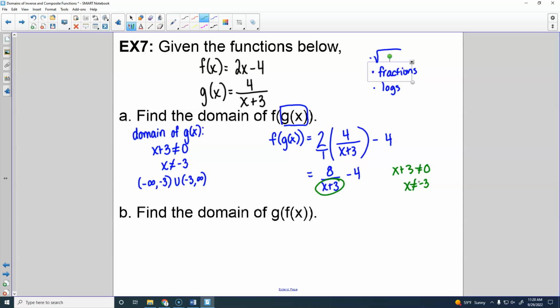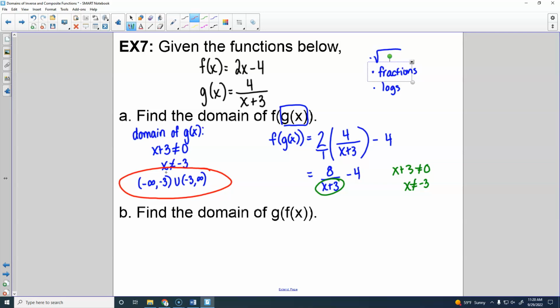So since they are the same, we just have that same domain. Our domain for this one would just be what we had over here.